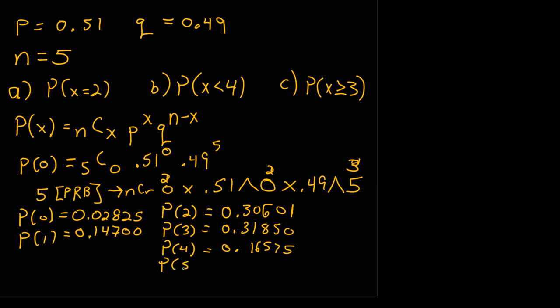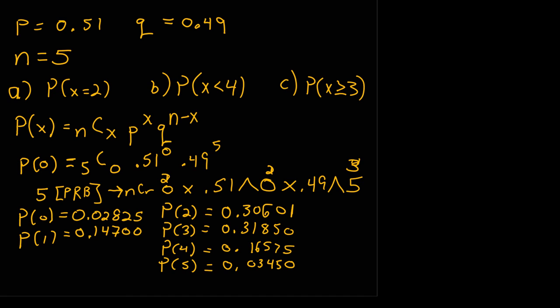And the last probability we'll need, I replace this with a 5, this with a 5, and this with a 0. And I get 0.03450. And so I have my probability distribution for the likelihood of the events happening here.